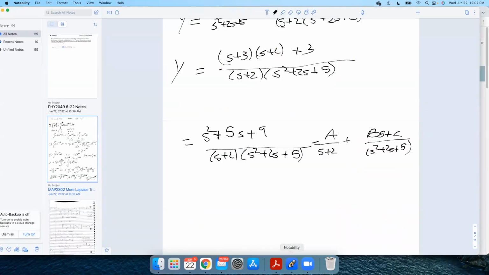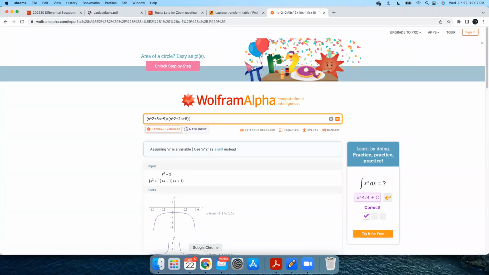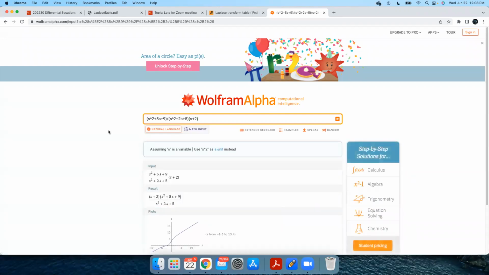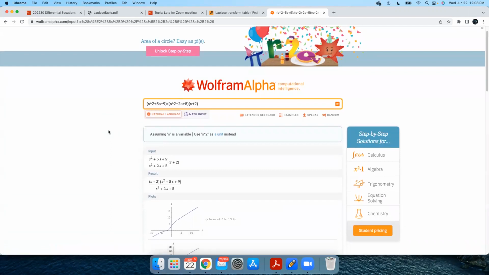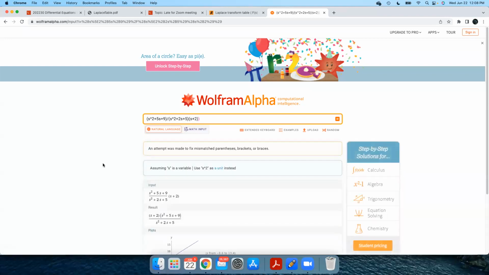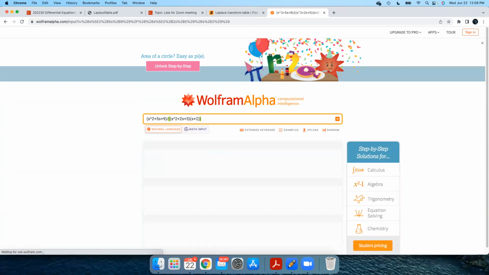S plus 2. I'm missing a parenthesis there. See, look, you got to check. You got to check and make sure you typed it in right. A lot of mistakes can happen there. Still missing a parenthesis.